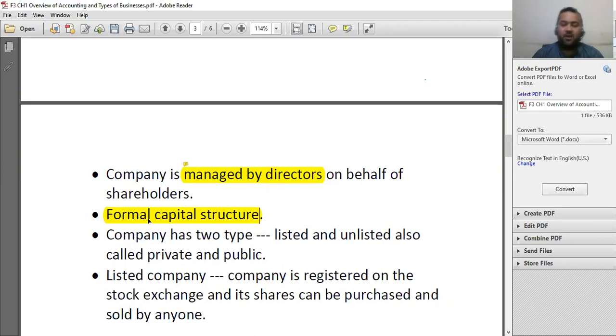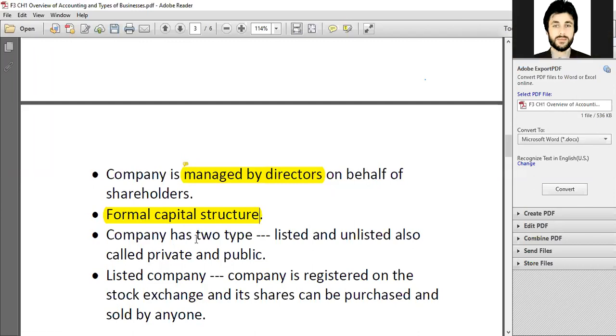So they will have a clear-cut policy, financial regulations or financial policy, that if the company needs funds, how the company management will generate them, whether they will take a loan or make a further issue of shares to the shareholders. So the company will have a formal structure for the financing of the company's activities. Clear or not?